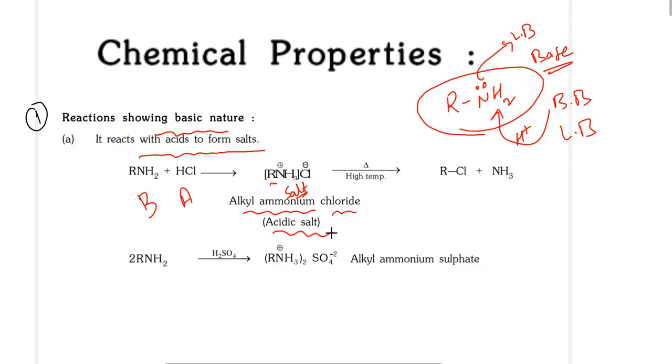It is acidic in nature because it is the combination of weak base plus strong acid, so the resultant nature is acidic. That's why it is an acidic salt. At higher temperature, ammonia separates and RCl, alkyl halide, is formed.